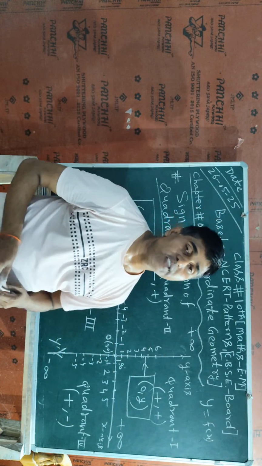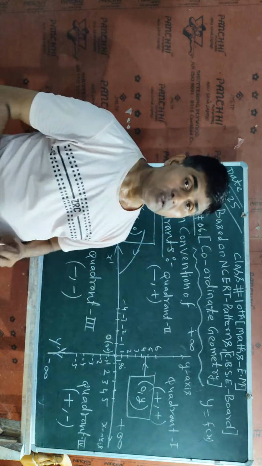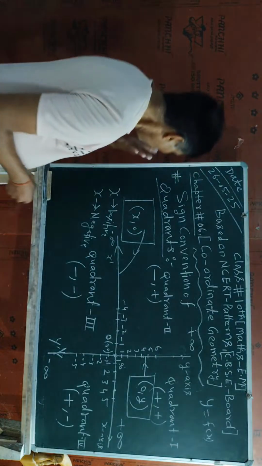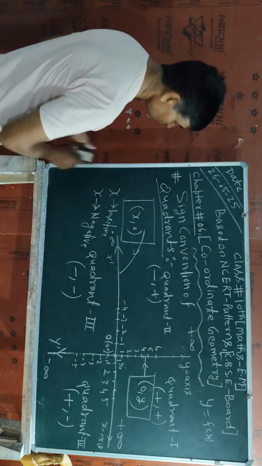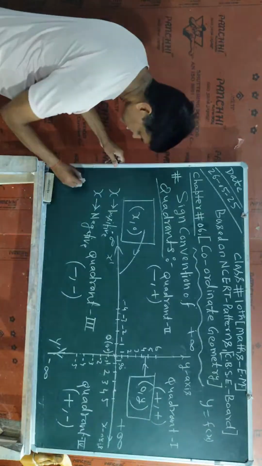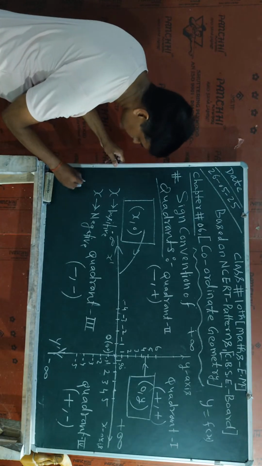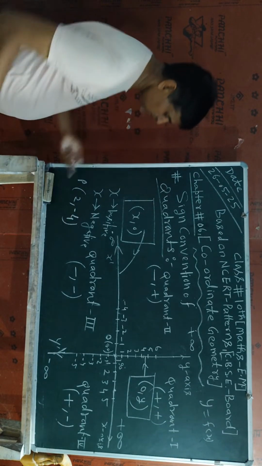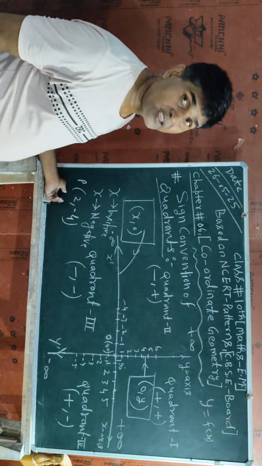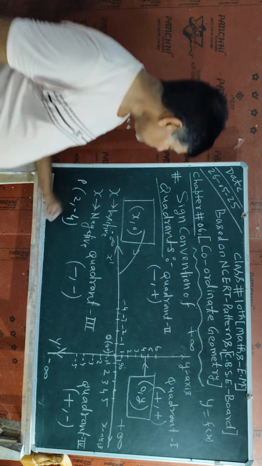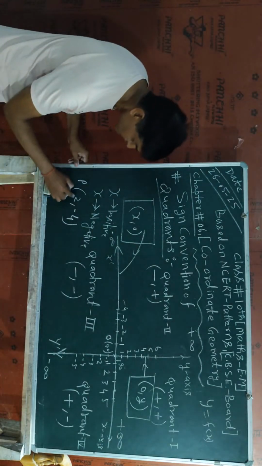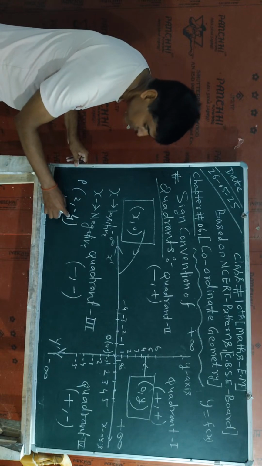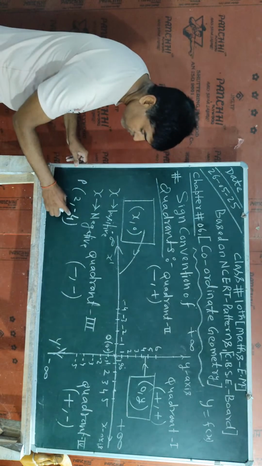Okay, students, now I am going to write one question, and then you decide where the point will lie. If a point is (2, -4), where in the xy plane is this point lying? The x coordinate is positive, the sign of 2 is plus, and the sign of 4 is minus.